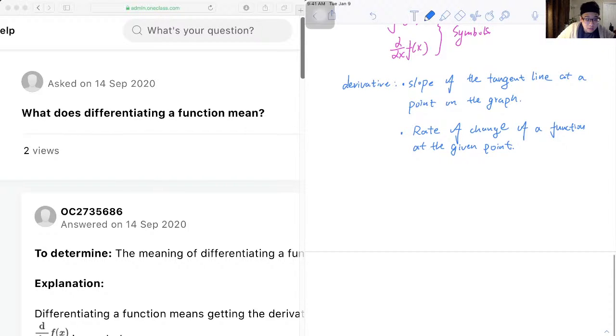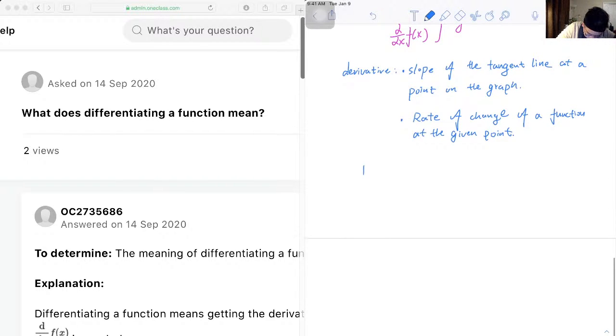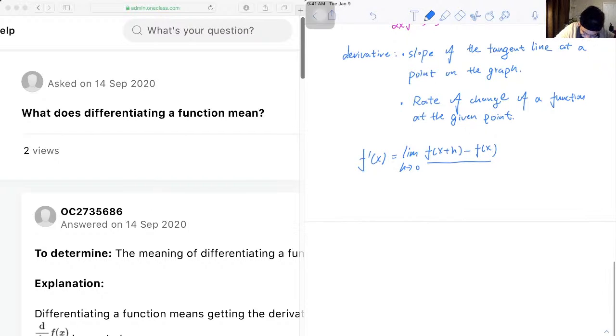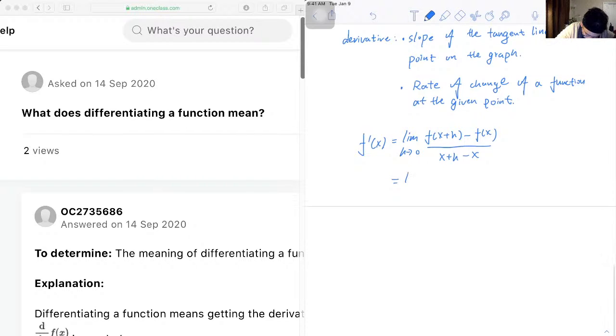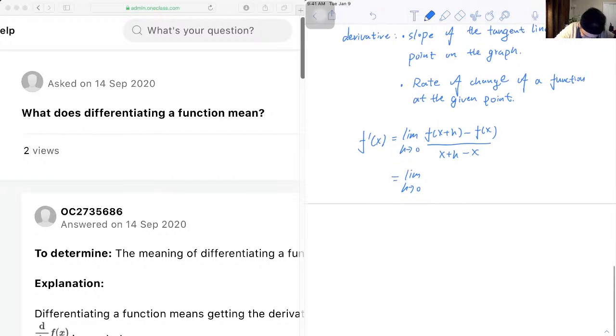And we can also represent this by f'(x) is equal to the limit as h approaches 0 of f(x+h) minus f(x) over x+h minus x, which is equal to the limit as h approaches 0 of f(x+h) minus f(x) over h.